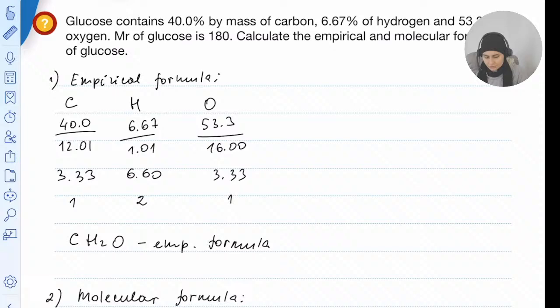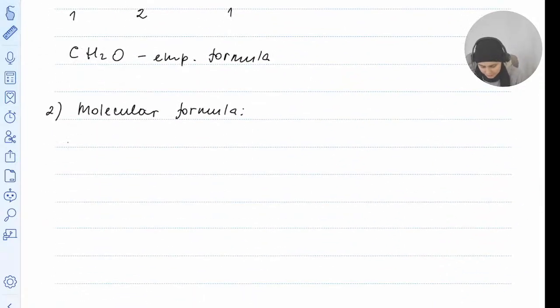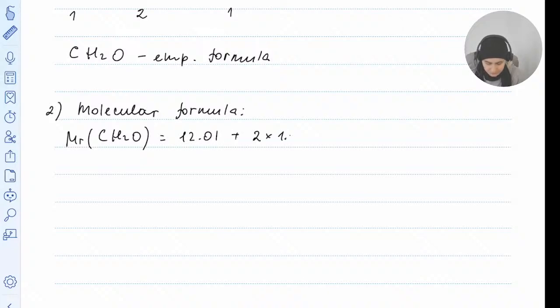To do that, we need to find the molar mass of the empirical formula. So 12.01, that's 1 carbon. 2 times 1.01, that's hydrogen, and 16 is oxygen. That's 30.03, right? Okay, and then we divide.